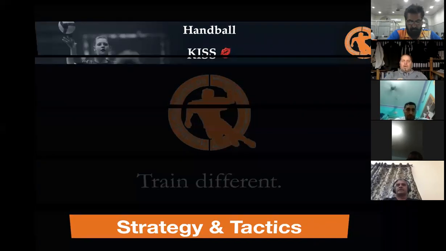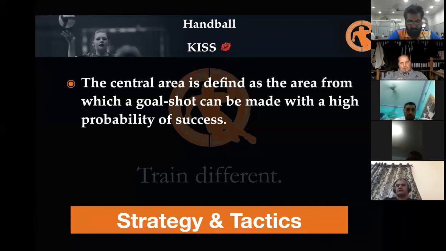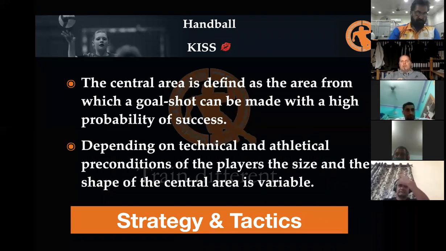So this happens, if possible, in the central area, because this is the area from which a goal shot can be worked out with a high probability of success. But the central area, from that definition, is flexible or variable in size and shape, because it depends on the athletic preconditions and the technical preconditions of the players.